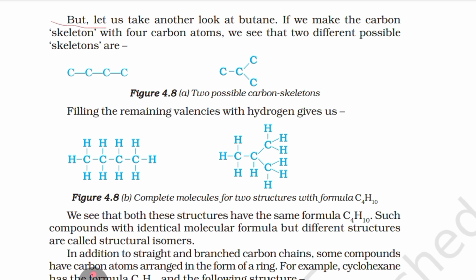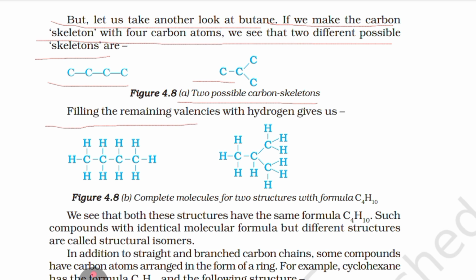But let us take another look at butane. If we make the carbon skeleton with 4 carbon atoms, we see that two different skeletons are possible. Filling the remaining valencies with hydrogen gives us these structures.